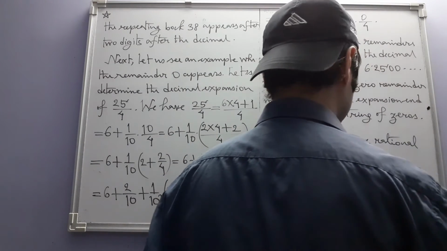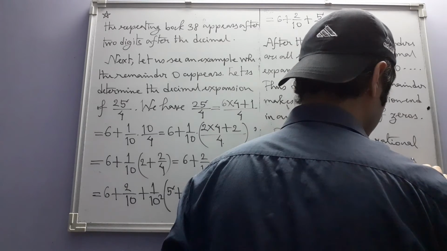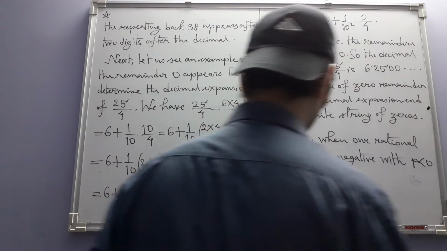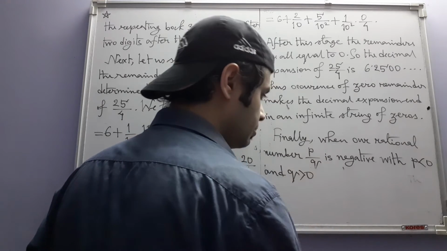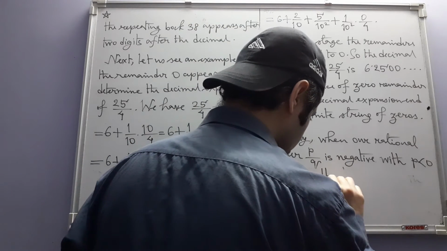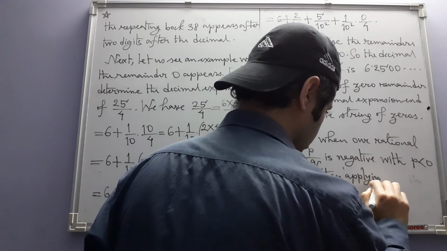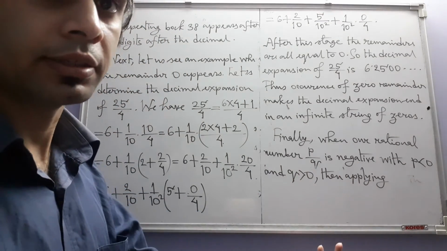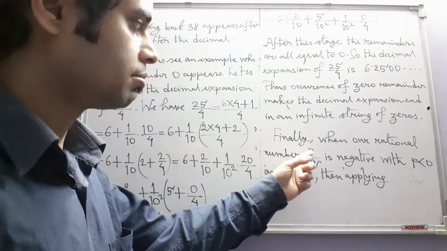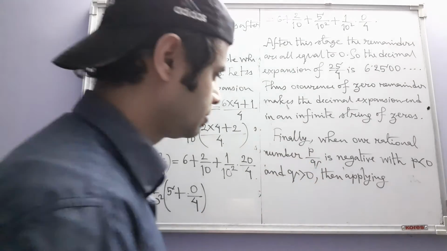Applying the Euclidean algorithm, with p less than 0 and q greater than 0, then any negative rational number can always be expressed like this, where the negative sign can be considered to be with the numerator and the denominator is positive.